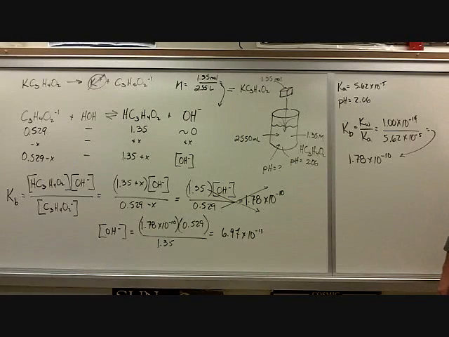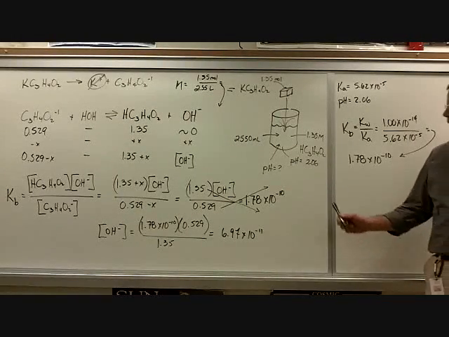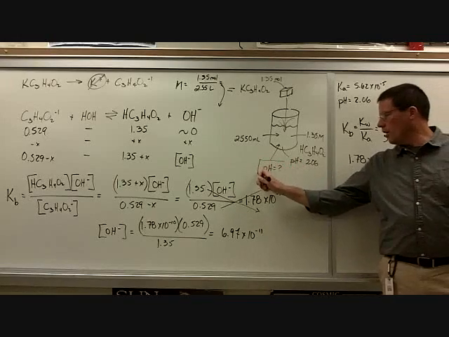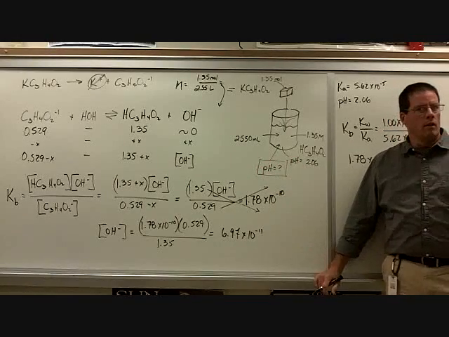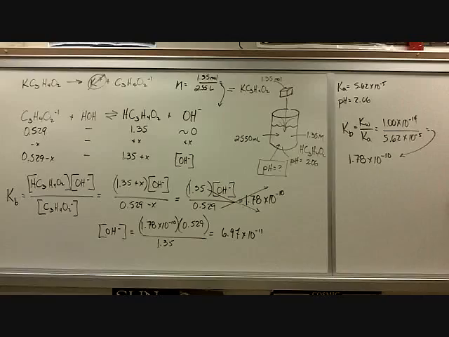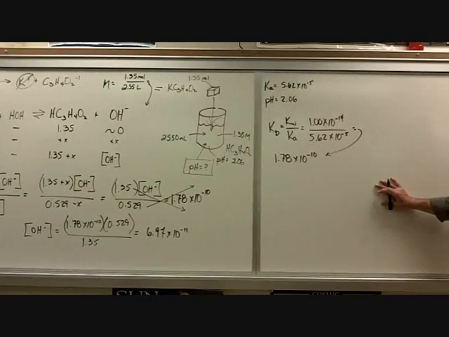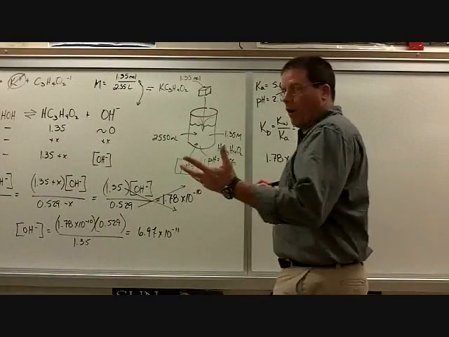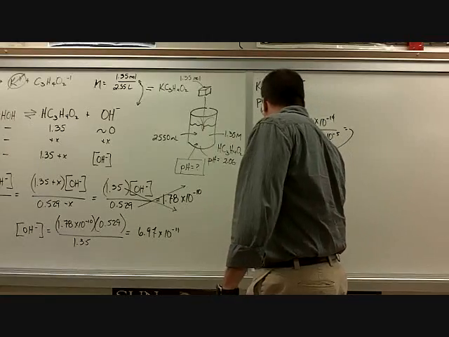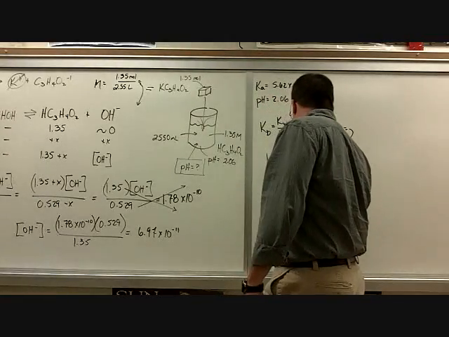Now what do? What's the question want? pH. It wants this. So can we find pH? Yeah, we can find pH. If you want to find the pOH, that's fine. I'm going to go ahead and just go right after it.